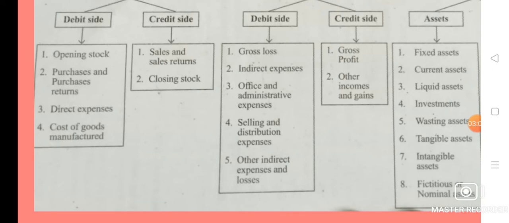The net profit is to be adjusted on the capital account of the liability side. Then the net result, that is the difference value, shown on the credit side of the profit and loss account is known as net loss.